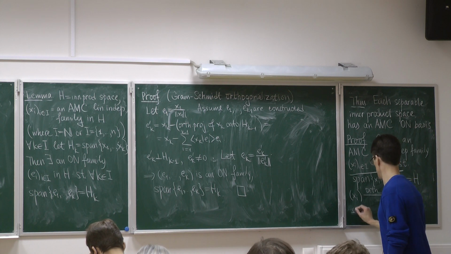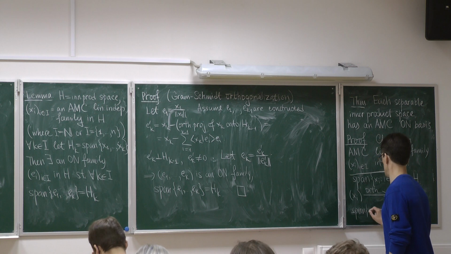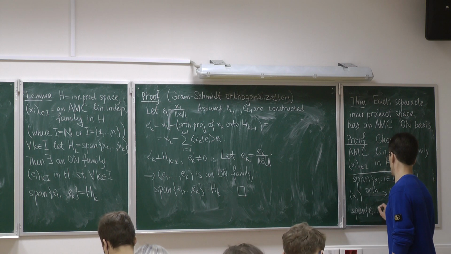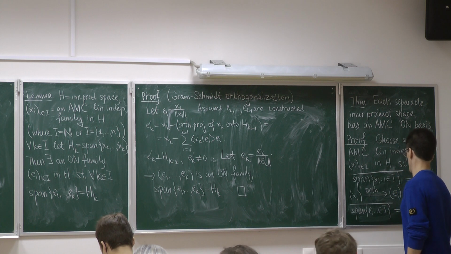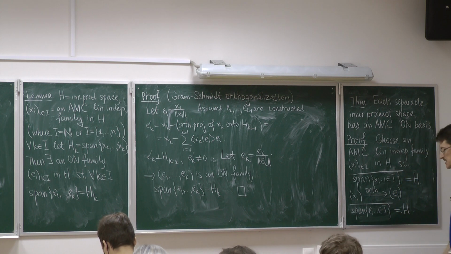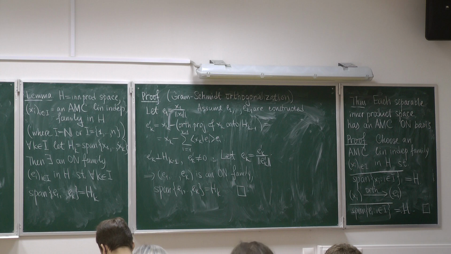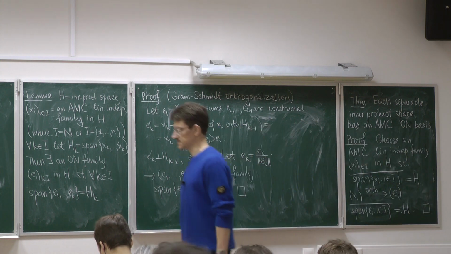So the linear span of Ei is dense in H. And by our previous theorem, this means precisely that Ei is an orthonormal basis. So this completes the proof.